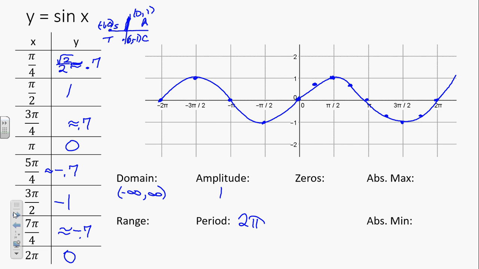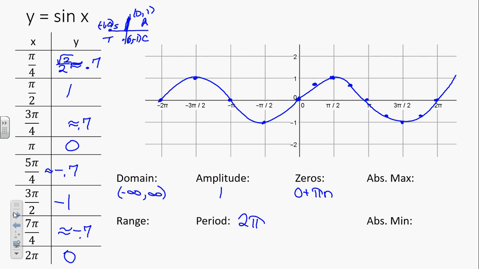At 0, and there's also one at pi and 2 pi and negative pi, right? So when we write our zeros down, we're going to say 0 plus pi times an integer. And we could just take away the 0 and say pi times an integer as well, but those integers could be positive or negative.